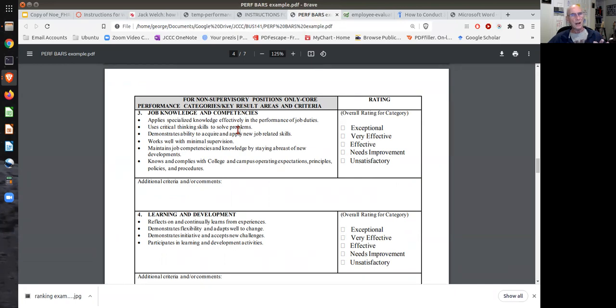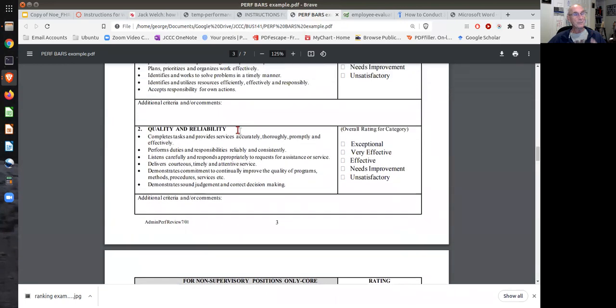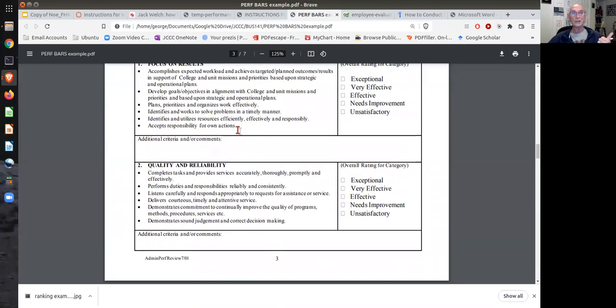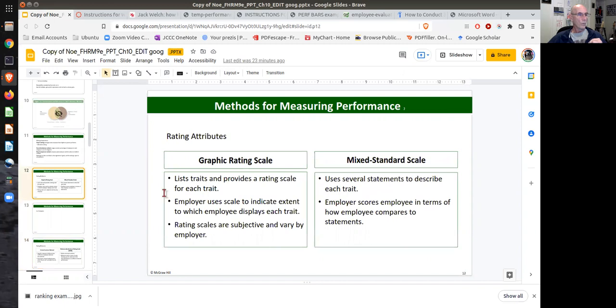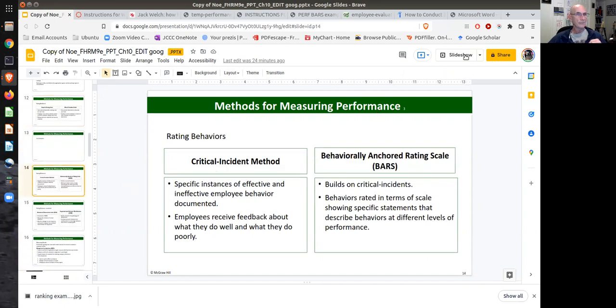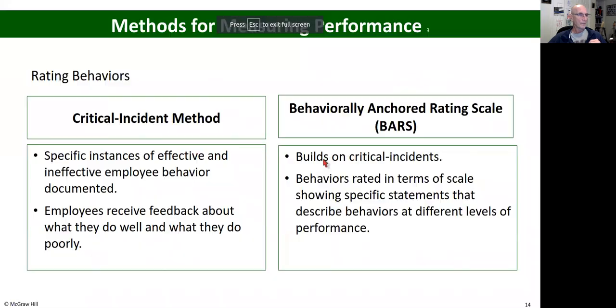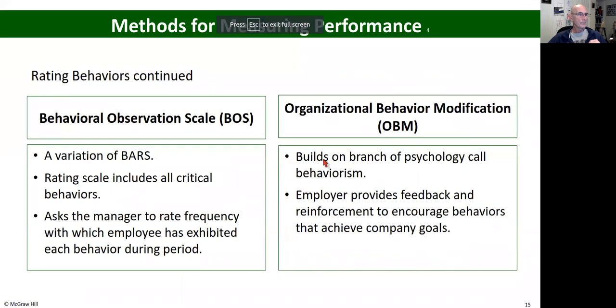So there's still some problems with it, but this is better than just the ranking system, and it's better than just the system where you're looking at, okay, what were the traits that were necessary? All right. So that's the BARS. Behavioral observation scale, that's kind of like BARS, okay?